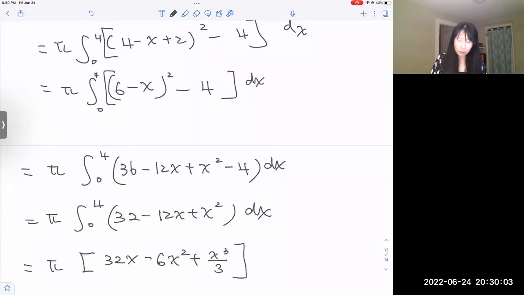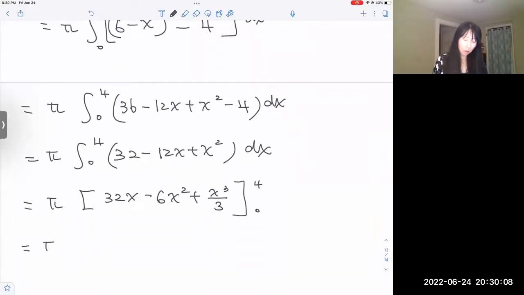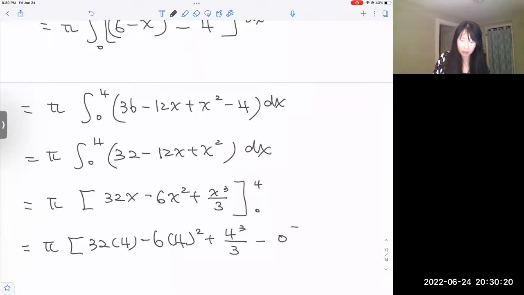All right, so from 0 to 4, now, minus 6 times 4 squared, plus 4 cubed over 3, minus everything is 0 at the lower limit, okay?